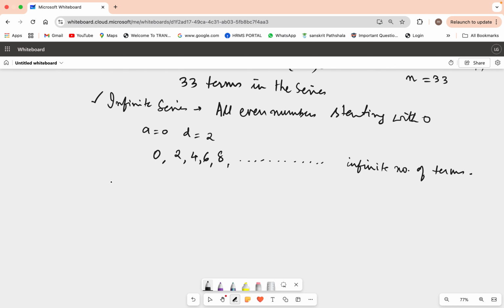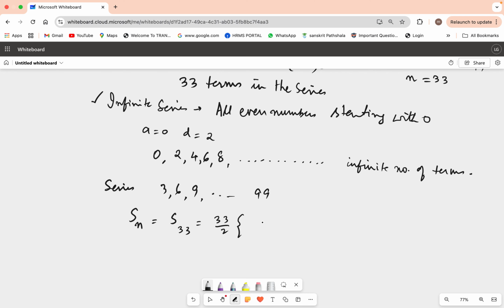Now, the series is 3, 6, 9 and so on up to 99, and here I want the sum of all this. So Sn, here n is 33, therefore S33 equals n by 2, that is 33 by 2, of first term plus last term, because the last term is provided to us.